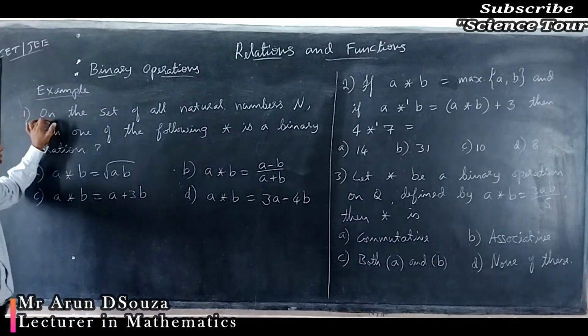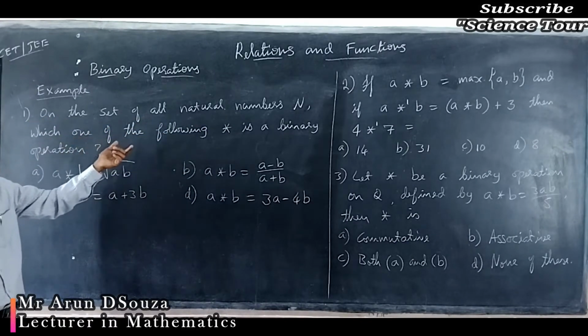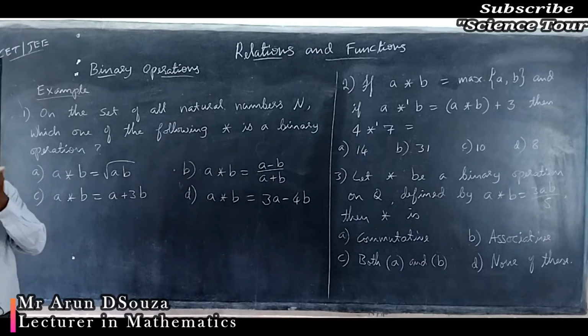First example, on the set of all natural numbers N, which one of the following star is a binary operation? What is a binary operation?